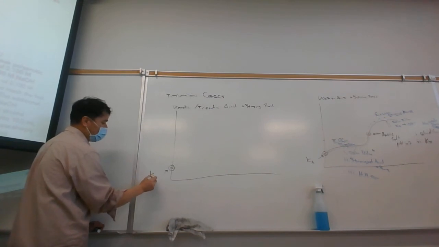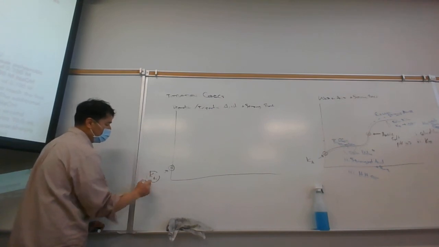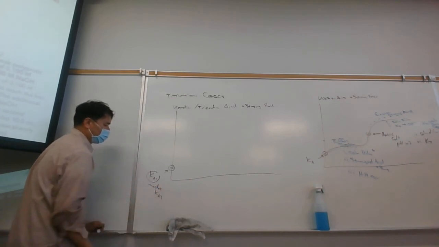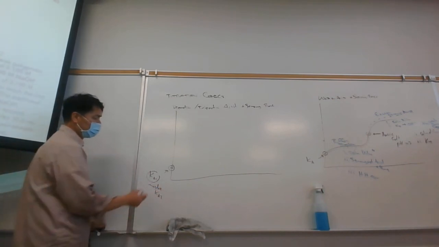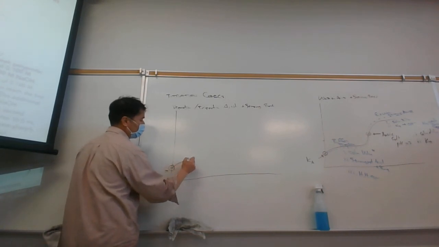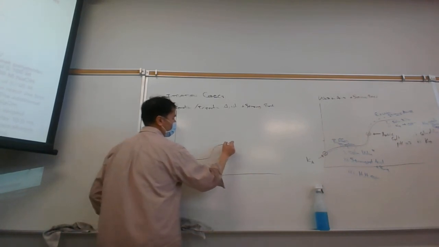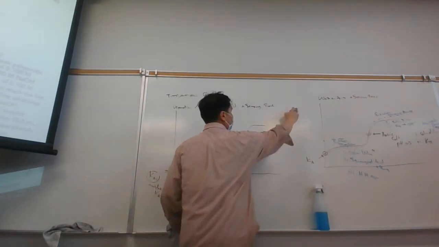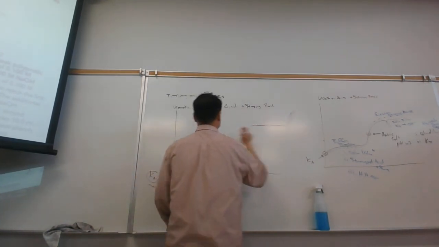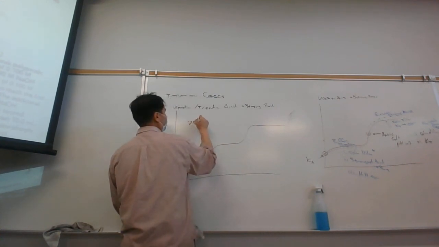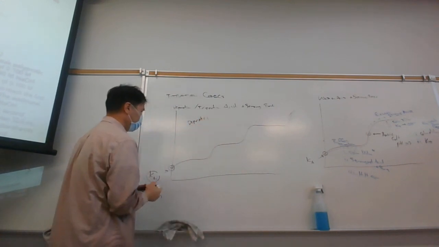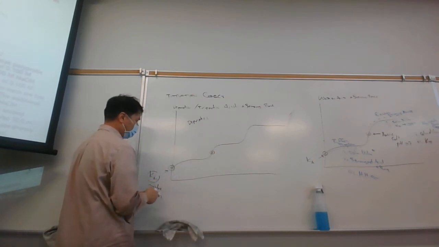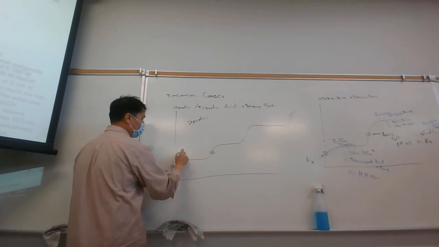So this will be Ka1, maybe Ka2. Probably not Ka3 if there is a Ka3. Actually, let's do diprotic here first. So this is buffer 1.